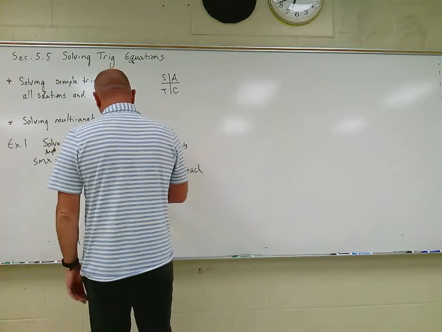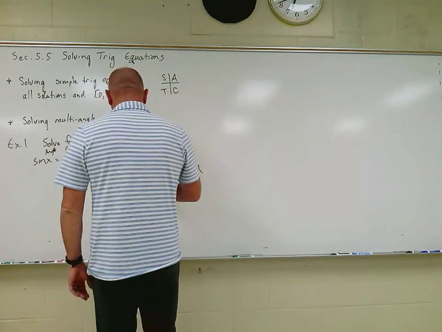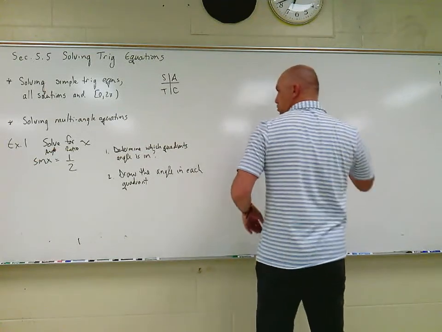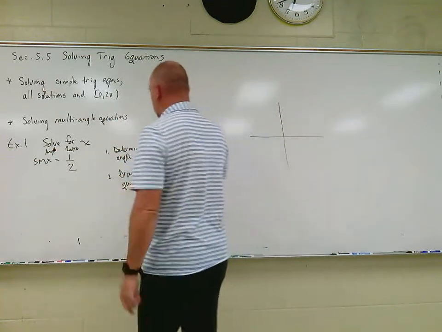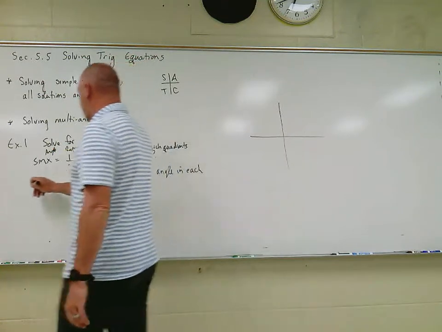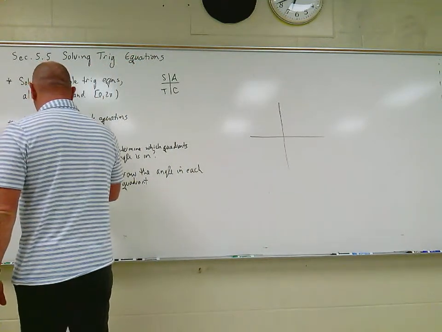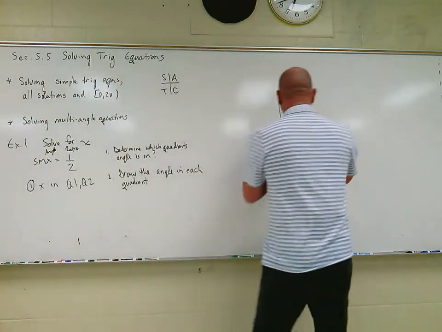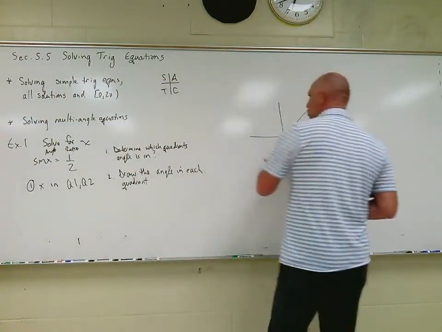I don't know what the angle is, that's what I'm looking for, but I'm going to draw it in each quadrant. We know it's in quadrants 1 and 2 because that's where sine is positive. So I'm going to draw a quadrant 1 angle first, and then I'll go to quadrant 2.